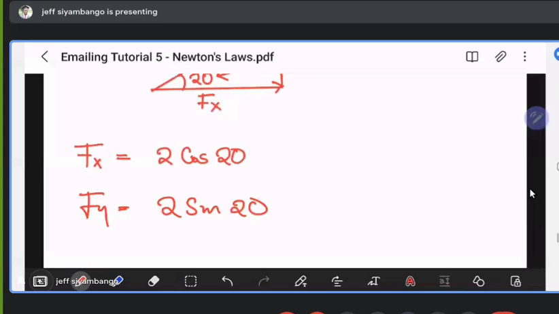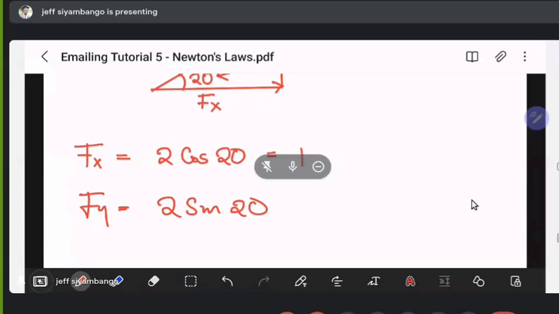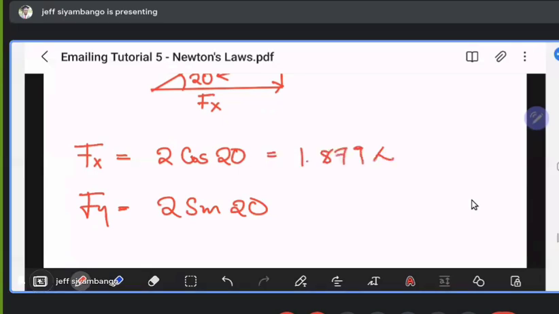So this is what I'll be evaluating. What will Fx be? 1.879.